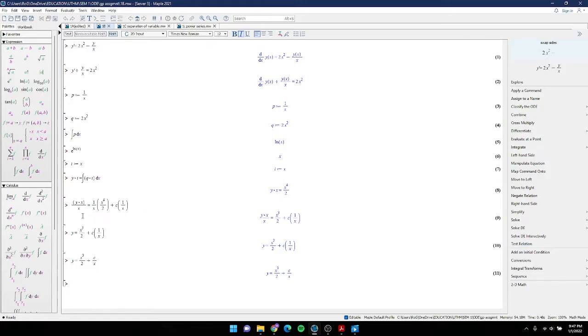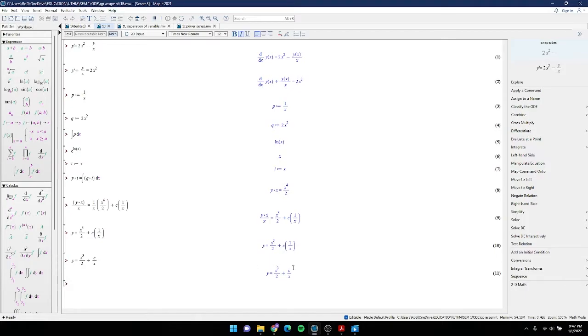Then we want to eliminate the x beside the y, so we must multiply it with 1 over x. Also, we must multiply 1 over x to the right hand side also. Then you get y equal to x power of 3 over 2 plus c over x.